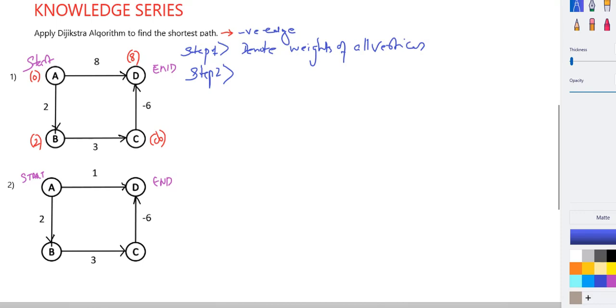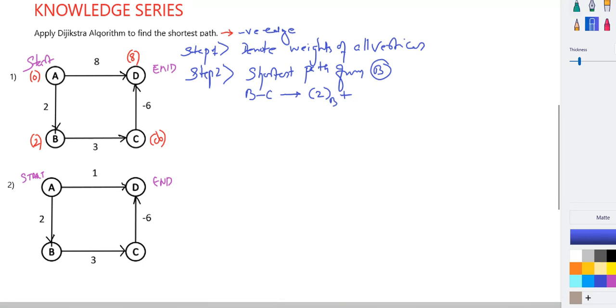So the shortest path from B, we will consider with respect to the path BC. Automatically the weight of B is 2, plus the link cost between B and C, which is 3.